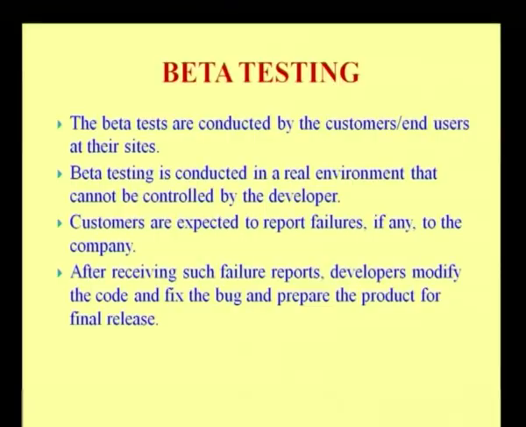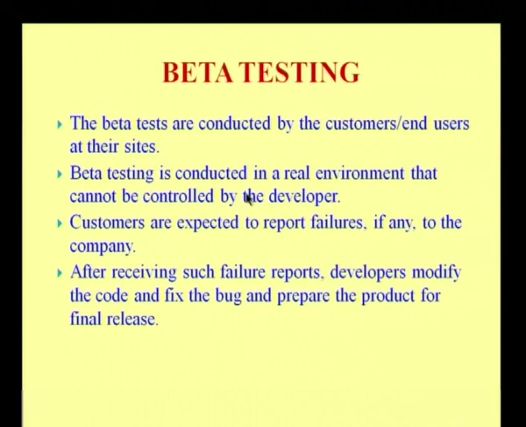The other class of testing is beta testing. Beta tests are conducted by the customers or end users at their sites. This is different from the previous slide. With alpha testing we said clearly that it is done at the developer site with the help of the customer, whereas beta testing is done at the customer's or end users' own sites.